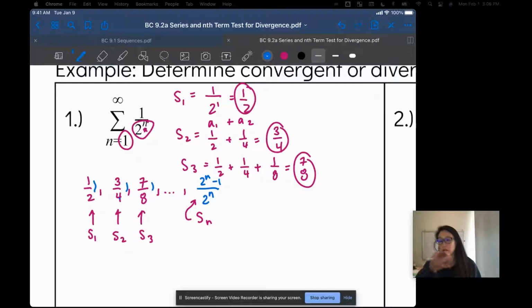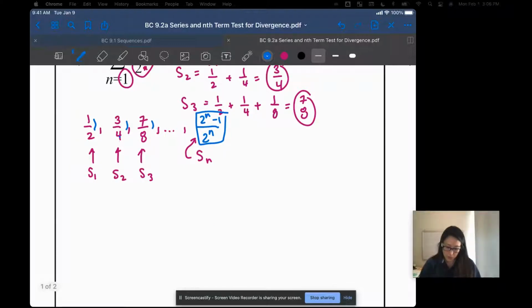I could take all the values and figure out what my nth term would be if I wrote all the partial sums in a sequence. Now, to figure out convergence and divergence, I'm going to write this as the sum of 1 over 2 to the n, because that's what we started with, is equal to the limit as n approaches infinity of the nth term of the sequence.